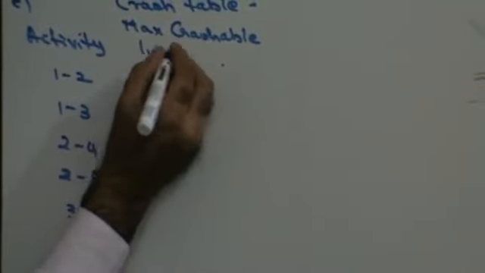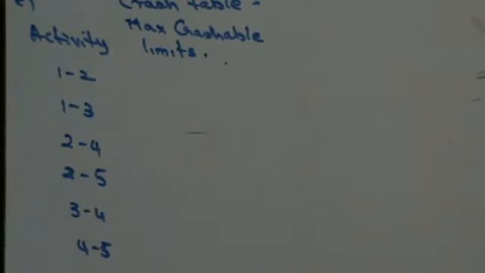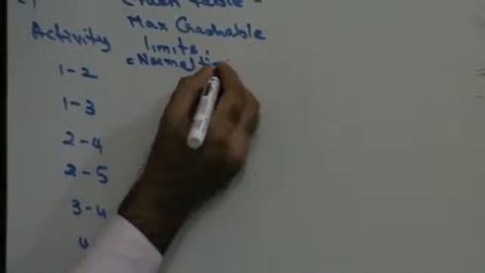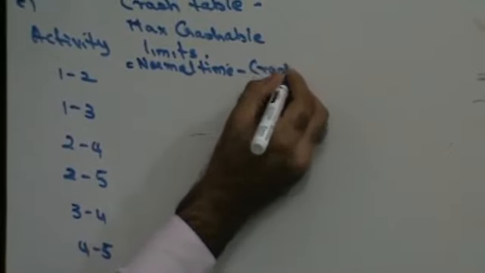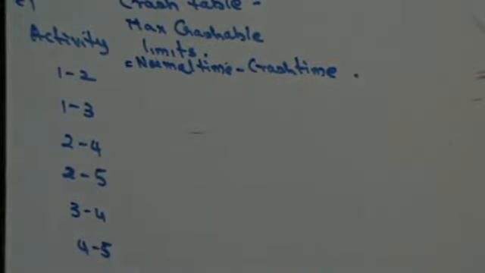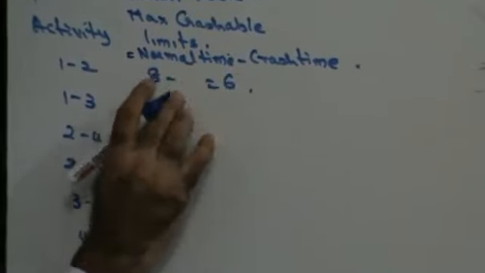Now, maximum crashable time. How do you find the maximum crashable limit? It is nothing but the difference between normal time and crash time, that is normal time minus crash time. So for 1 to 2, it will be 8 minus 6, that is 2.